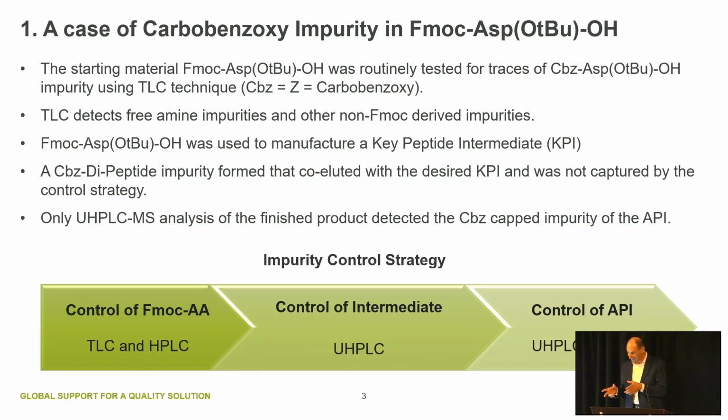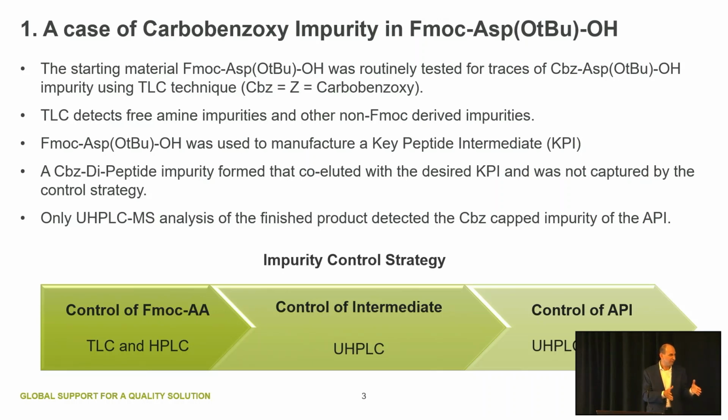So in this situation, we had a control strategy not tight enough to pick out this impurity and understand that by chance, a dipeptide, a key peptide intermediate, could form, and the impurity exactly co-eluted, and it was just missed by the control strategy.